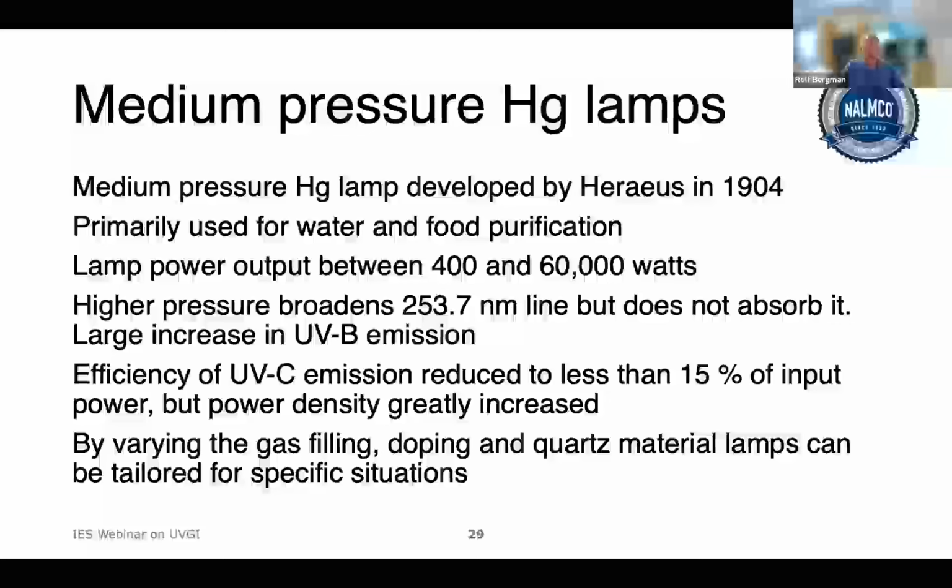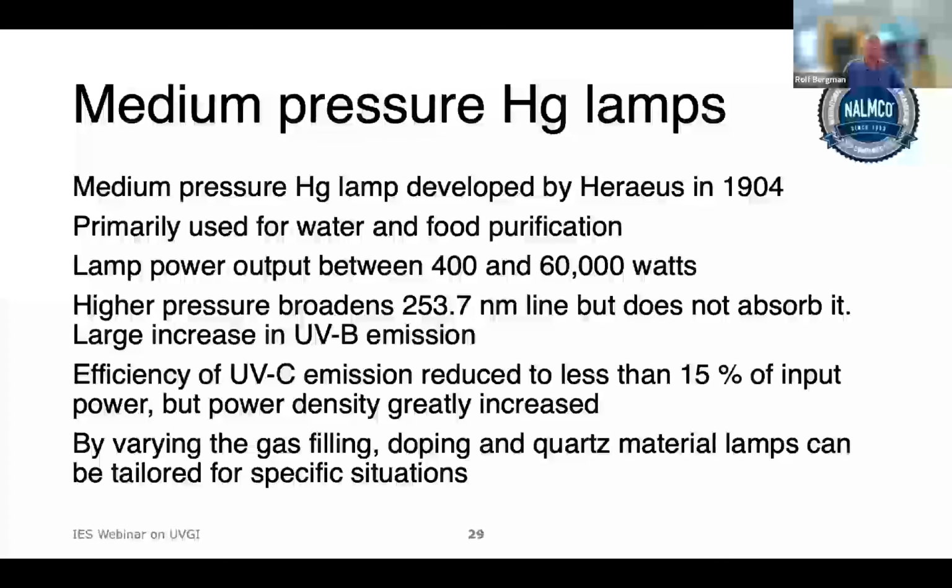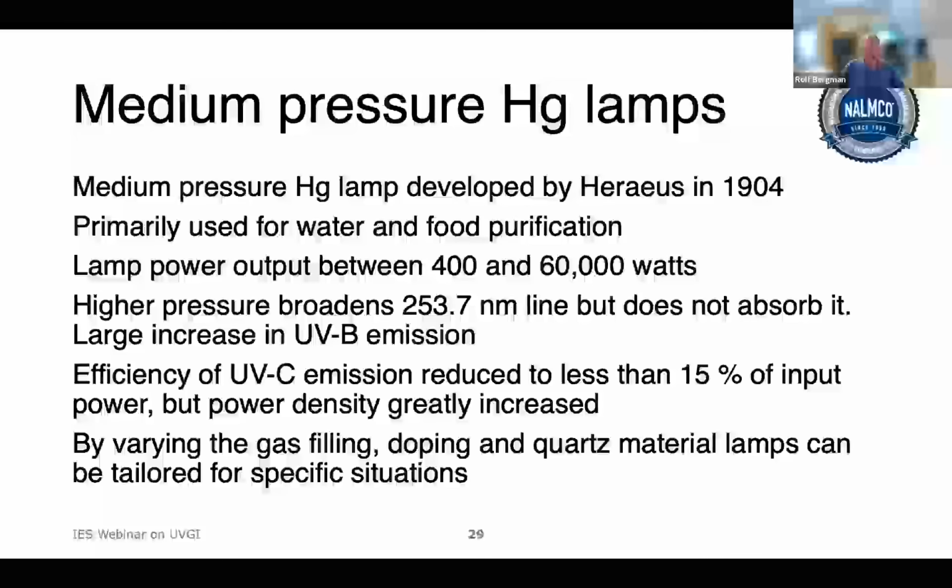So there's a large increase in UVB emission, as well as some increase in the visible emission. And the 253 emission is reduced so that there's only, instead of on the order of 50 to 60, only 15% of the power at max that is effective for germicidal applications.